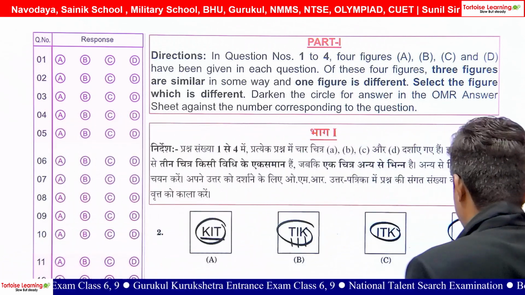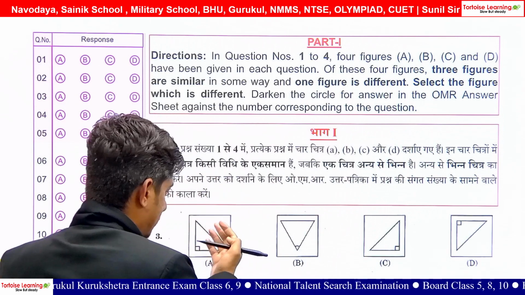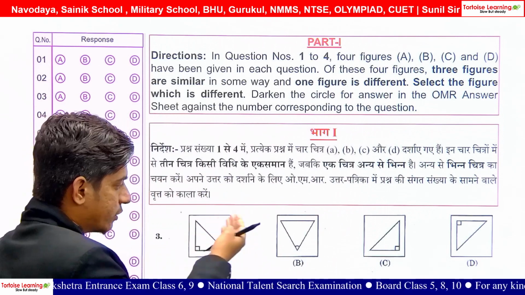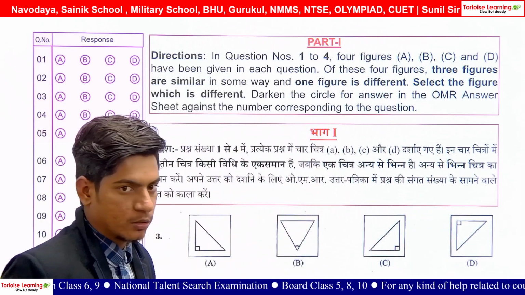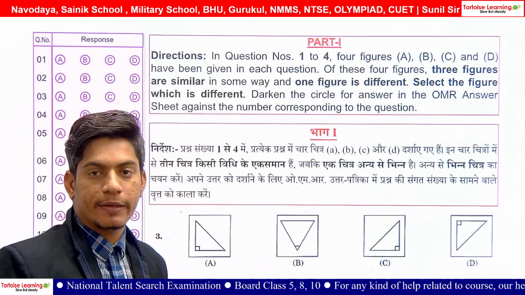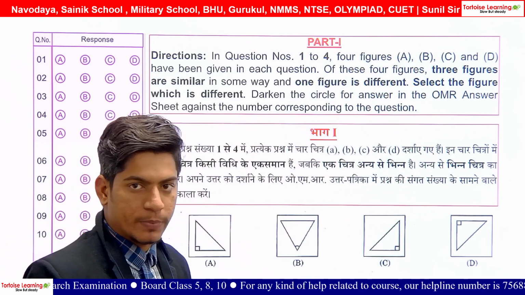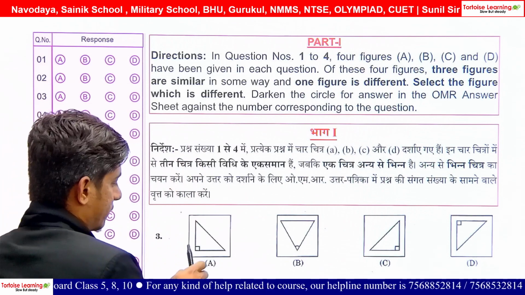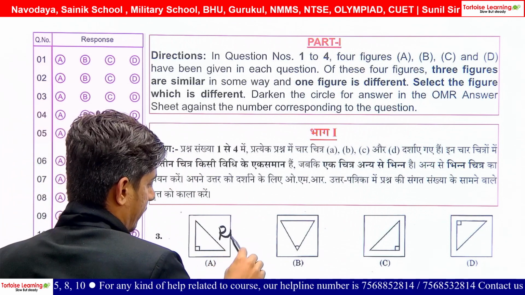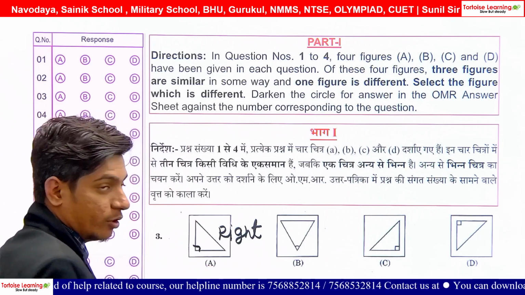Now move to the next. In this question, this is a triangle, this is also a triangle, this is also a triangle, this is also a triangle. So we can't identify anything specific. But if you know the types of triangles, then you can easily identify that this is a right angle triangle. A right angle triangle simply means it has an angle of 90 degrees.